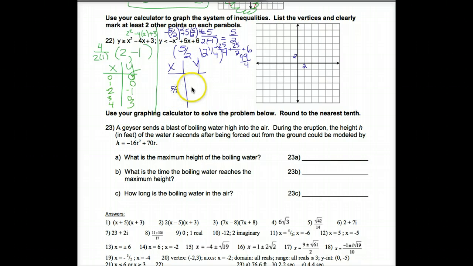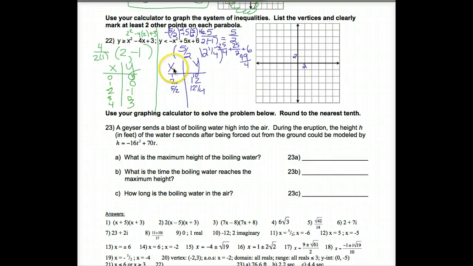The vertex is not going to be in the chart because it's fractional. So the rest of my t-chart I can get from the table. And remember, 5/2 is like 2.5. So right below that is (2, 12). And then we've also got (1, 10).